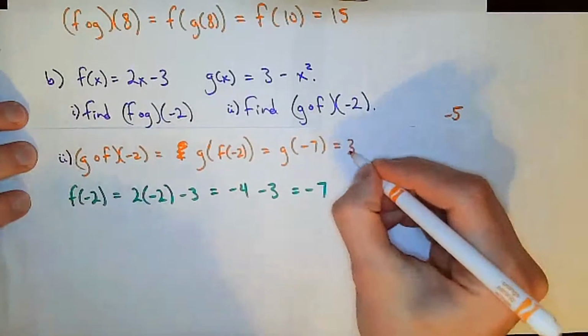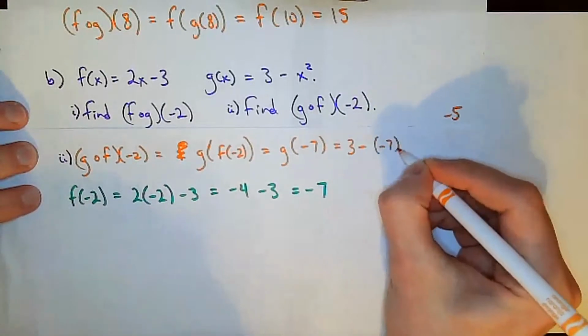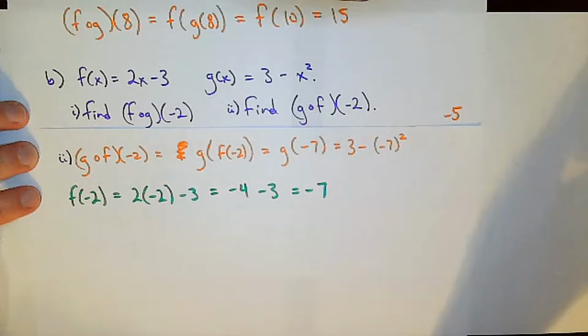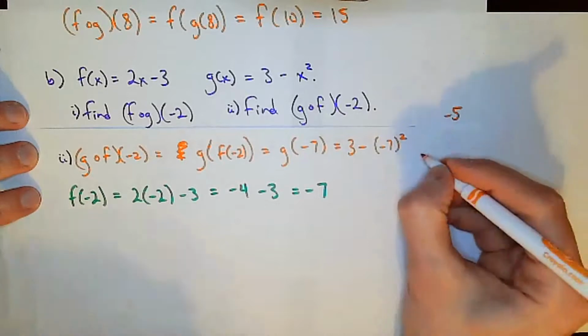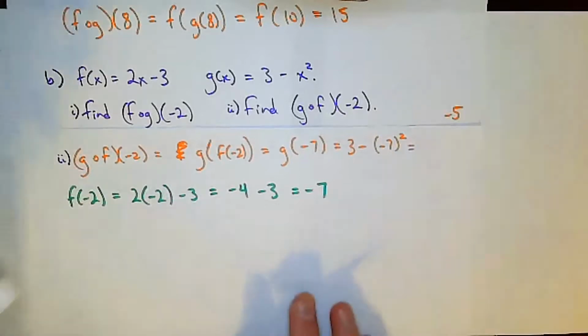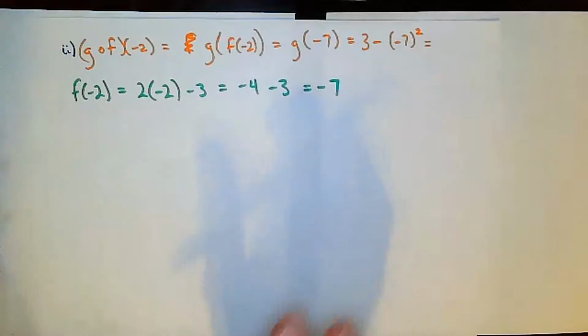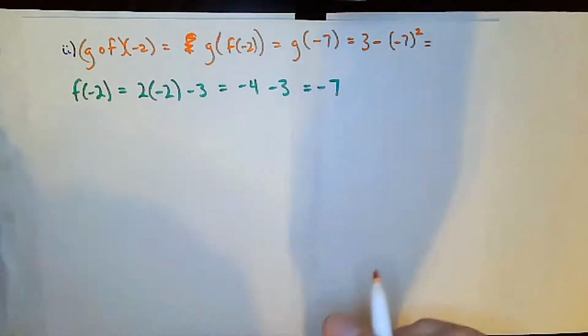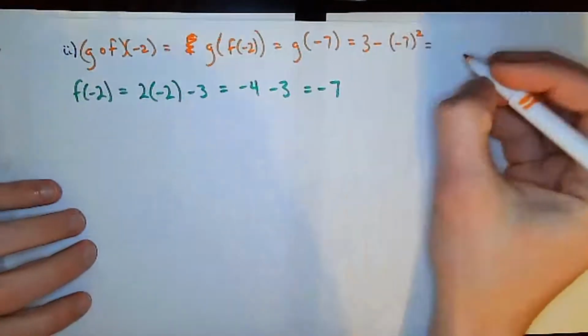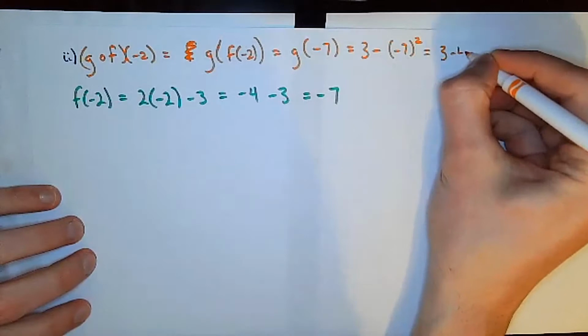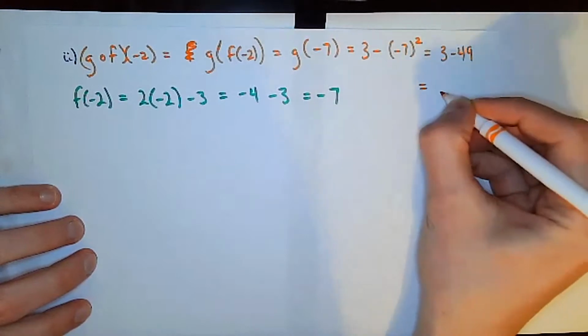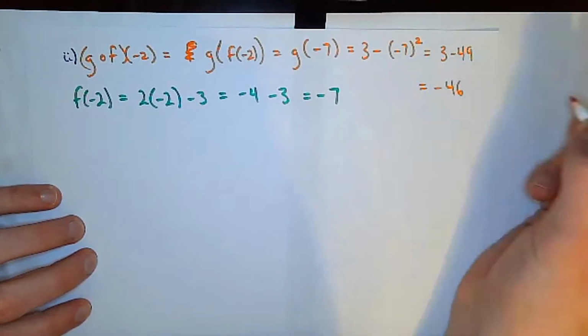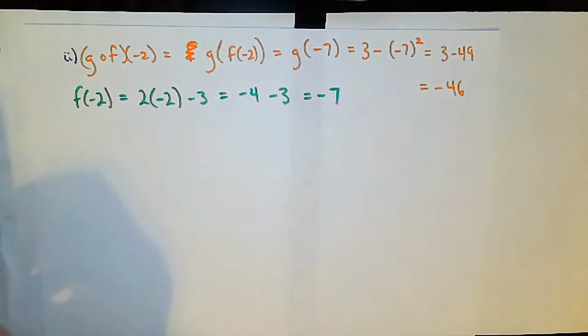Well, that's the same as 3 minus -7 squared. And that's going to be the same as 3 minus 49, which is the same as -46. So that's the answer to this one.